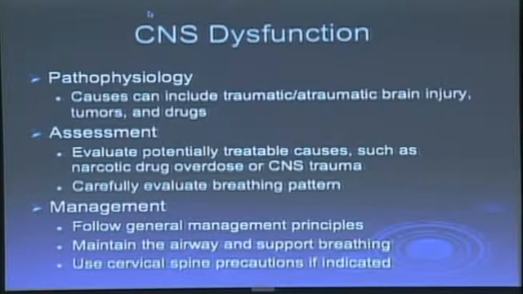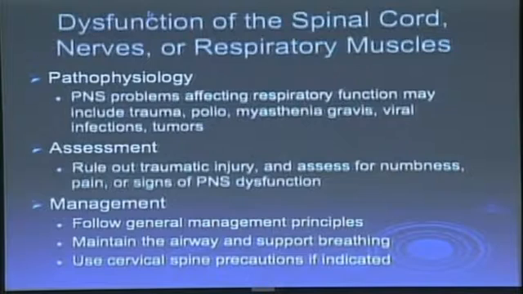And so we always evaluate for that, and your treatment for narcotic overdose with respiratory depression is very straightforward. 2 milligrams of Narcan, and you can give that IV or give it theoretically IM, although it's poorly absorbed, or intranasal, which is rapidly absorbed. Treatment of CNS dysfunction outside of narcotics is maintaining airway, supporting breathing, and treating any underlying cause that you're aware of.